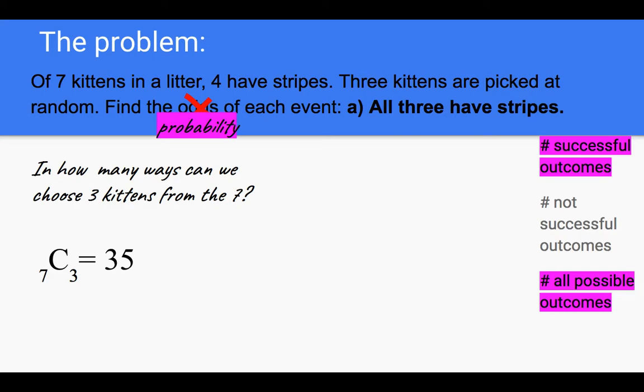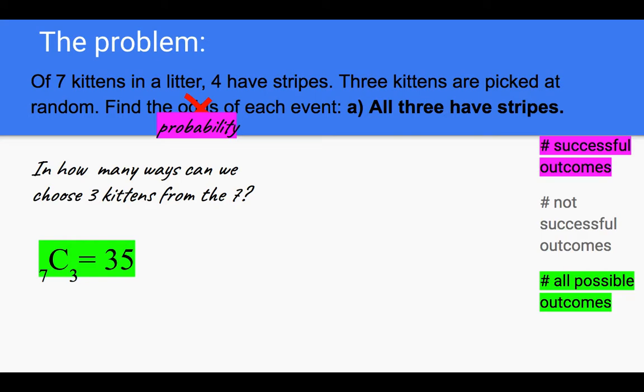So it's 7C3, combinations of 3 kittens out of the 7. And the number, you work it out, it's 35. These are all the possible outcomes. So we have established now that no matter what these scenarios are, there are only 35 possible outcomes. There are only 35 different ways in which we can choose the 3 kittens.